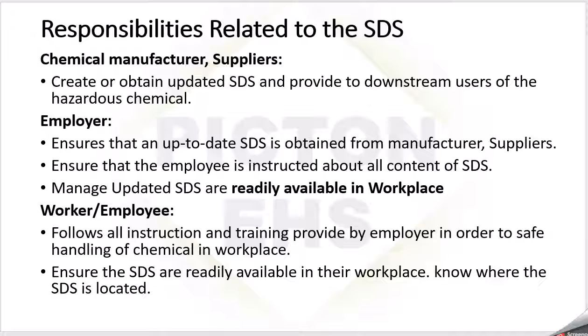Now, what is the responsibility of the worker and employee? Follow all instructions and training provided by the employer in order to safely handle chemicals in the workplace. Ensure their SDSs are readily available in their workplace and know where the SDS is located.